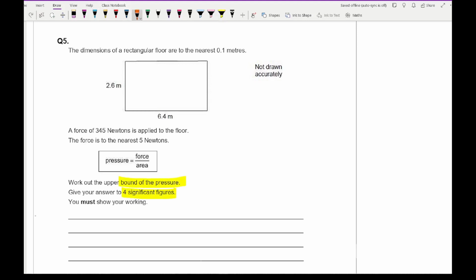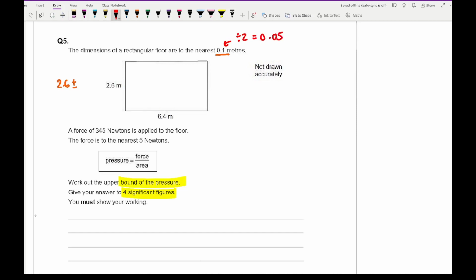So the first thing we need to do is look at the upper limits of each of these things. To work out the maximum and the minimum length that these could be, what I need to do is take 2.6 plus or minus half of the rounding error, which is 0.1 divided by 2. That's going to be 0.05.